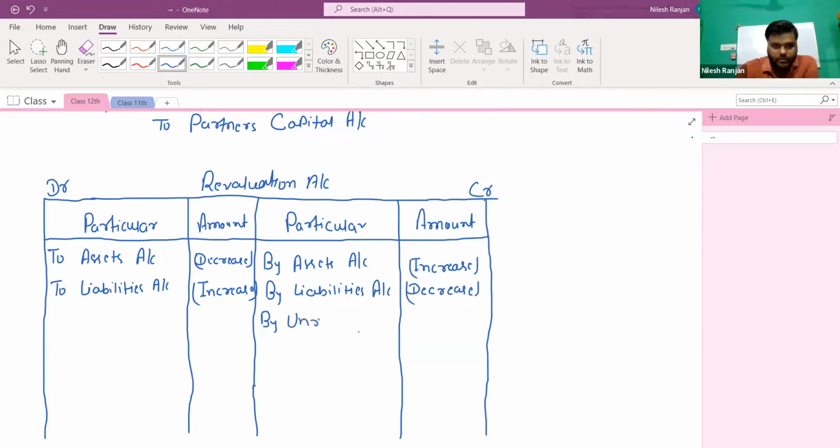Unrecorded assets go on the credit side, because it is our profit. It is like when you find some money in your old book. You don't know about that asset, but it exists. That's why it is profit for us. And if there is an unrecorded liability, it will be written on the debit side, as unrecorded liabilities.